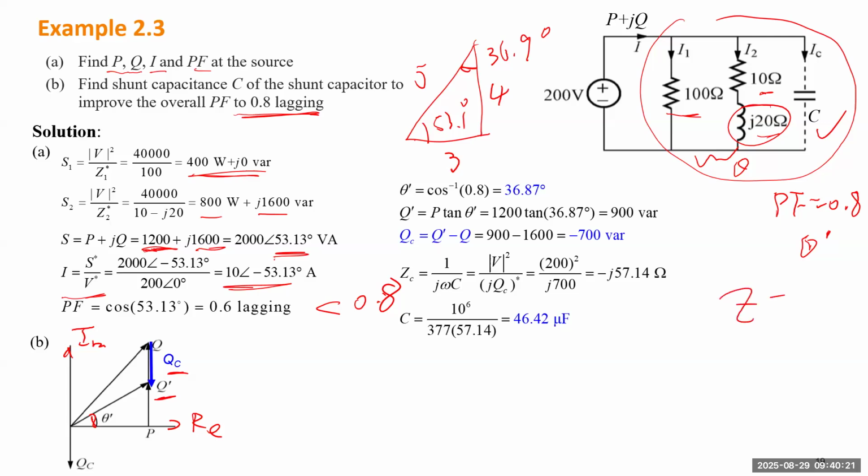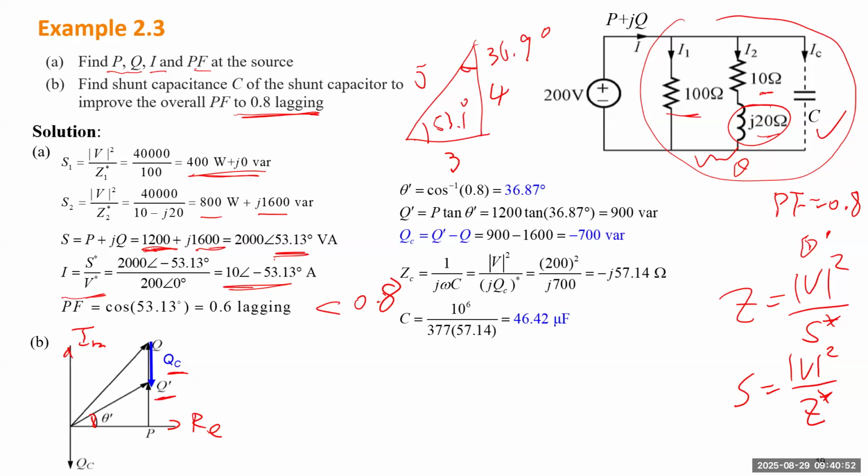If we know the voltage and the complex power of the element, we can use this one. This is also the same formula. If we know the voltage and the impedance, we can calculate the complex power. Those are just equivalent to each other.